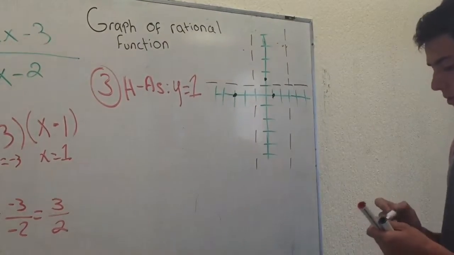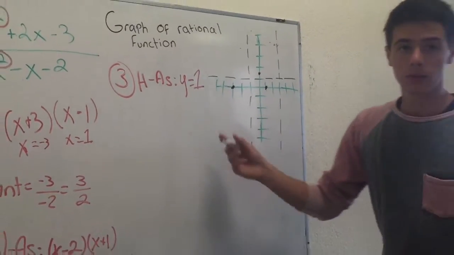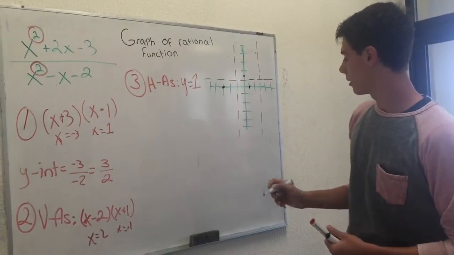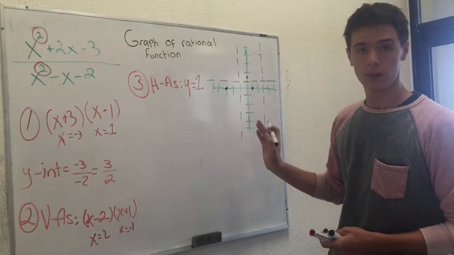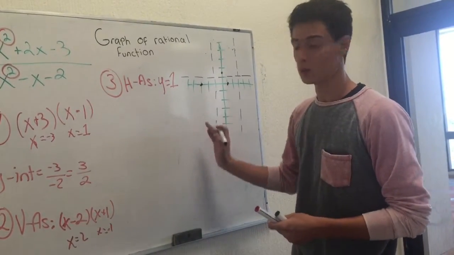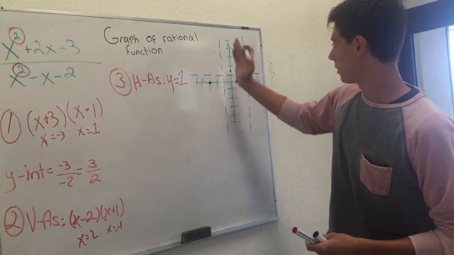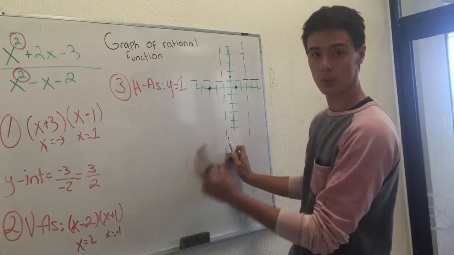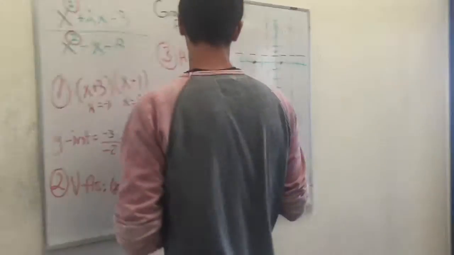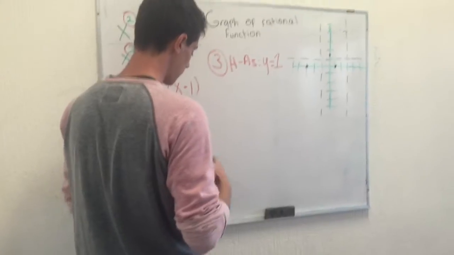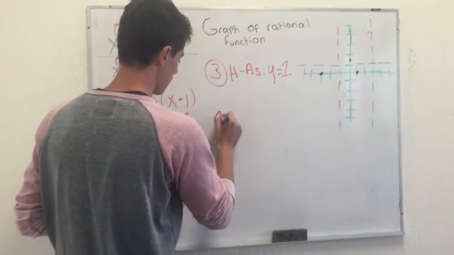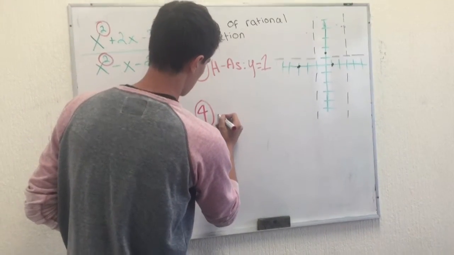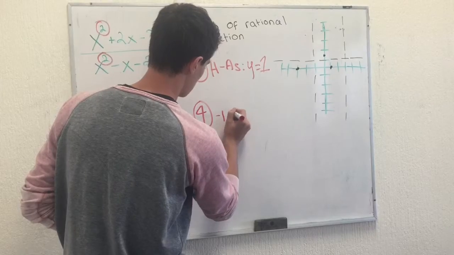Okay, so in order to know where the graph is going to go, upward or downward, we have to get the closest number to the asymptote. So if right here we got the asymptote at -1, we need to get the closest number to the right and to the left. So what are we gonna do with -1.1?